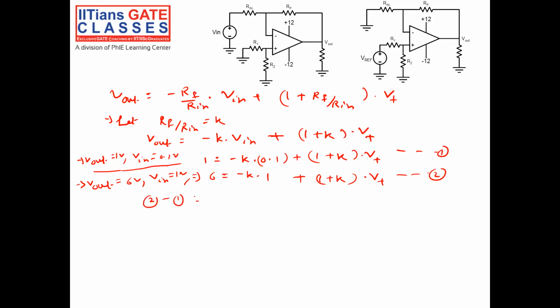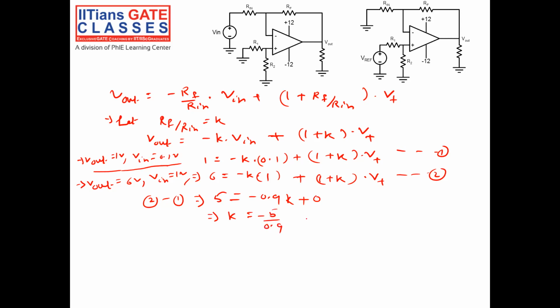6 minus 1 is equal to 5. Minus 1 minus 0.1 is equal to minus 0.9, into K, plus the V positive terms, which both get cancelled, equal to 0. This implies K is equal to 5 by 0.9.